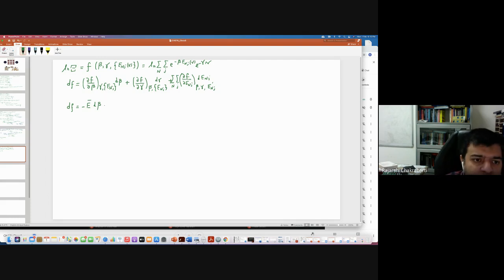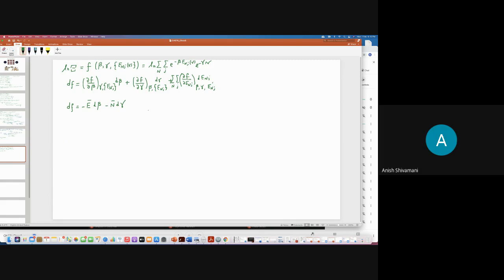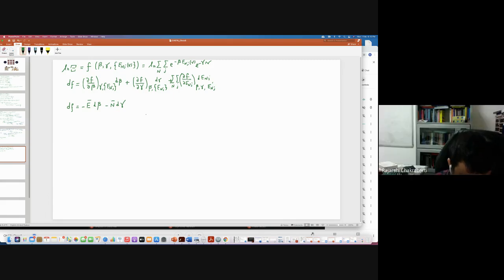What about the second term? If you go back and see, this is minus N bar. And what about the next term? Can anyone tell me what is the next term?